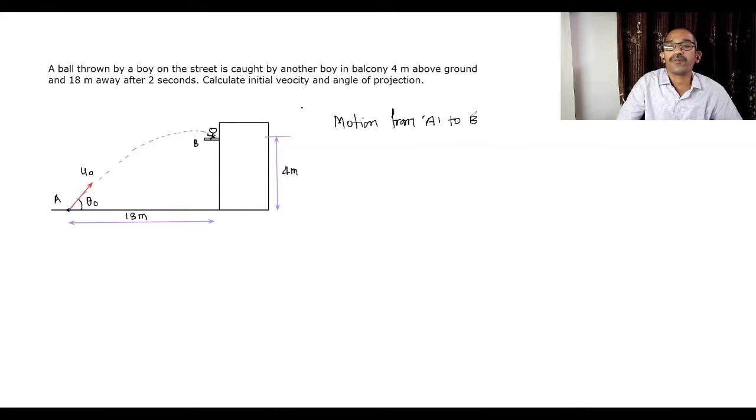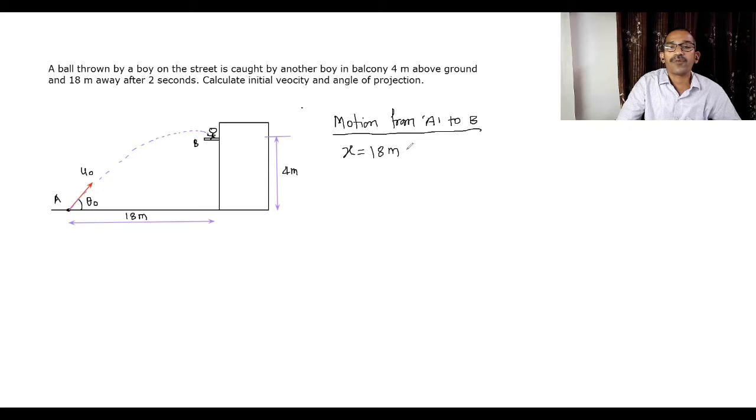First step is what data is known for this motion from A to B. From A, B is at a horizontal distance of 18 meter, so x is 18 meter.